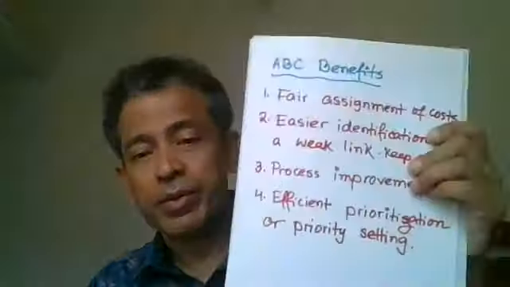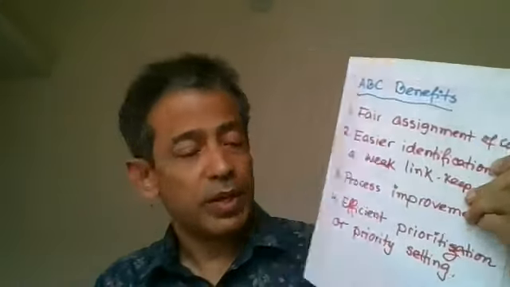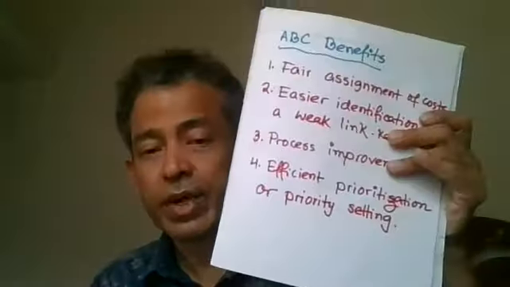If we know which ones are hemorrhaging, not giving us any profit, and don't promise to give that in the future either, those ones you could even drop. So it makes your process improvement more efficient, more possible, and then efficient prioritization, I call it, or efficient priority setting.